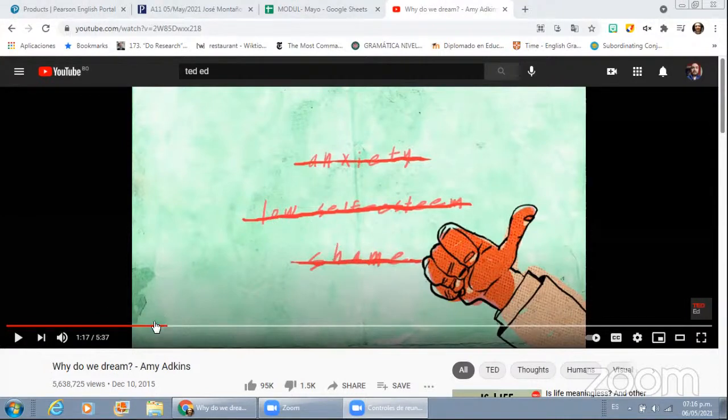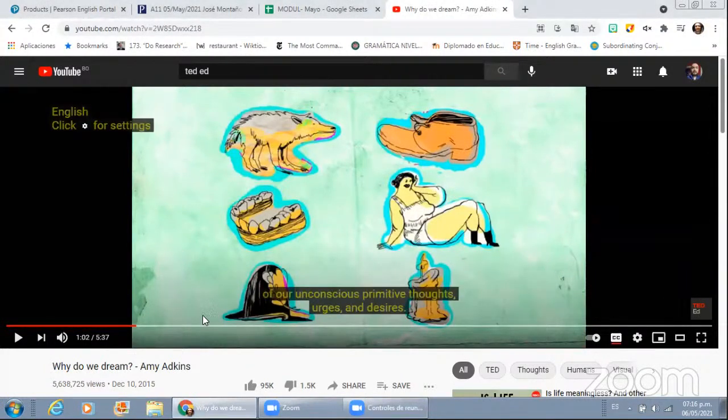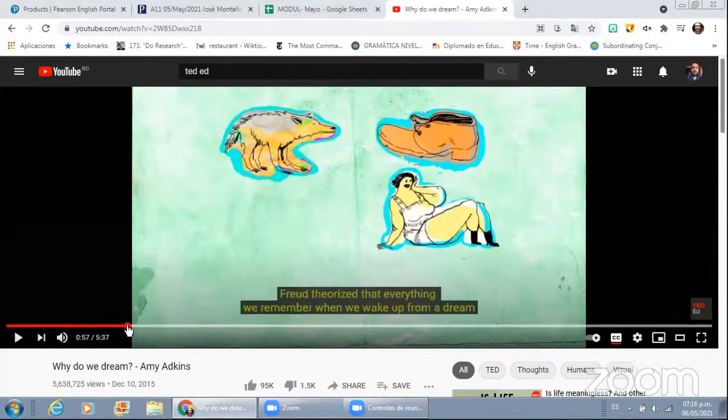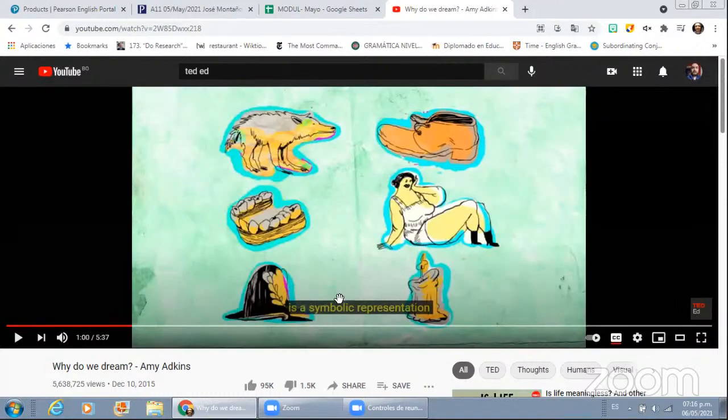So, yes, the first theory, and I'm going to be showing you some words now with the captions to understand this together. First, Freud, which was, yes, a scientist, considered the father of psychoanalysis, theorized that everything that we remember when we wake up from a dream is something that we saw throughout the day. Okay, that's very important. So everything that we see in our dreams also has a symbolic representation, as you were saying.